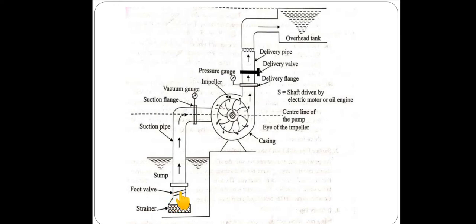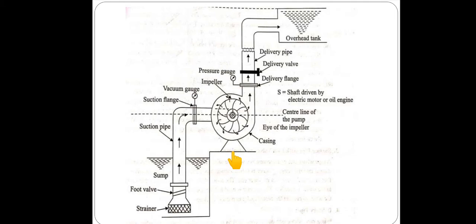There is a reason for this, I will explain that later. And the strainer, this bottom part, will filter any dust particles or sediments present in the sump to avoid damage to the impeller.